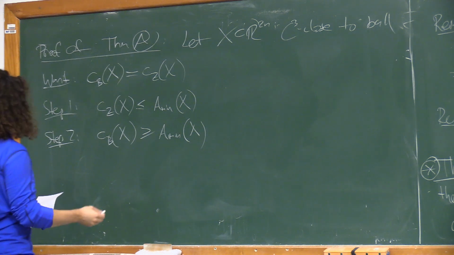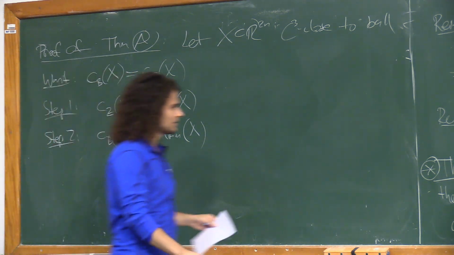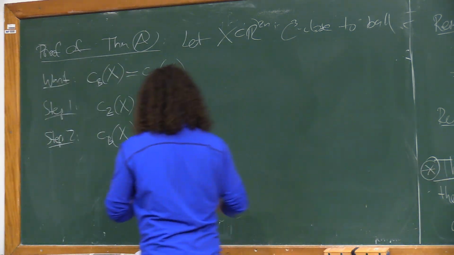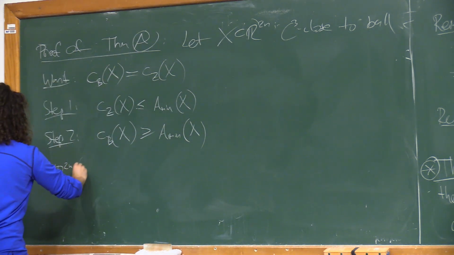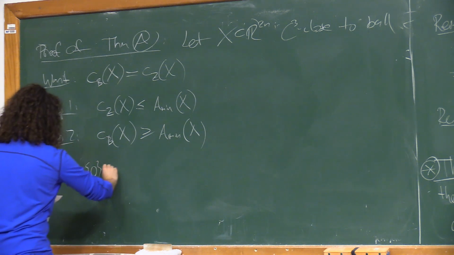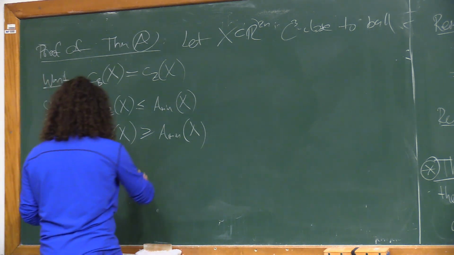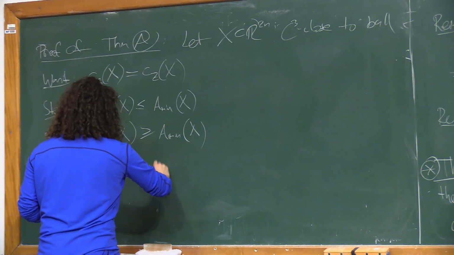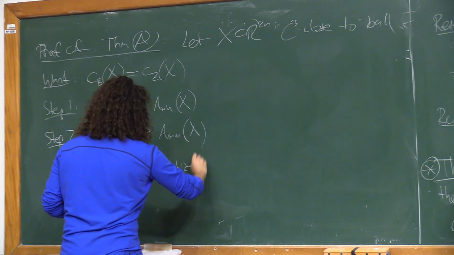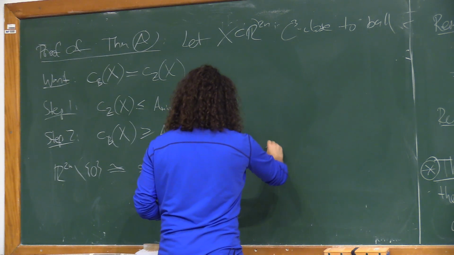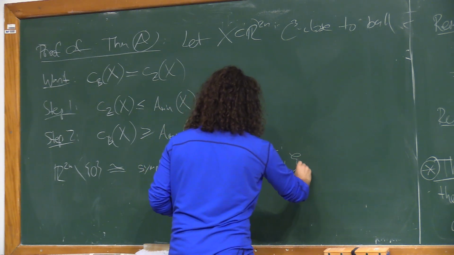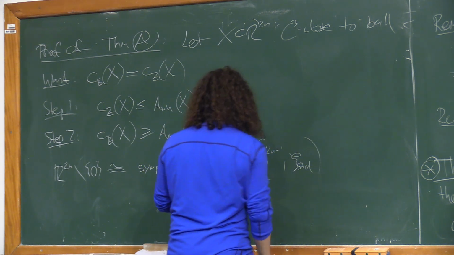So the first thing I want to do is, here we have these star-shaped domains. Here we have contact forms. And these kind of correspond to each other. So I will identify R^2n without the origin, I can just regard that as the symplectization of the standard contact structure on the sphere.